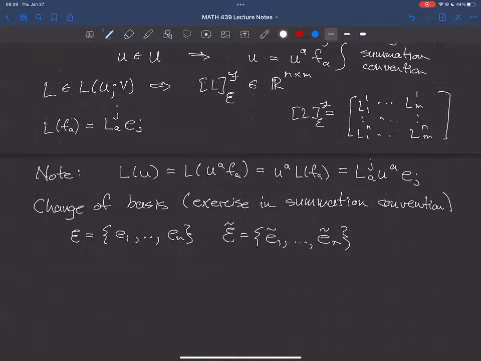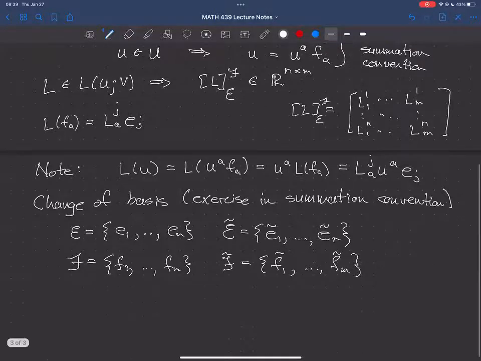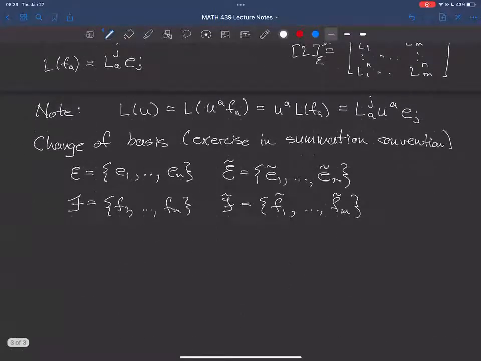For E, and I have bases F and F tilde. The bases E are for V and the bases F are for U. And so what do I know?